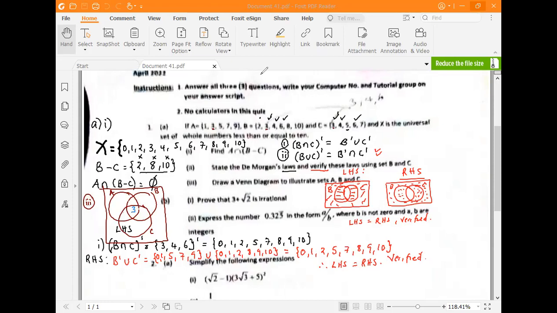And then we now go to A intersection B. A intersection B. Of course, 3 is there. 5 is not there. 7 is not there. 9 is not there. 1 is not there. So A and B, they are done intersecting. What about A and C? We have 5 in both.